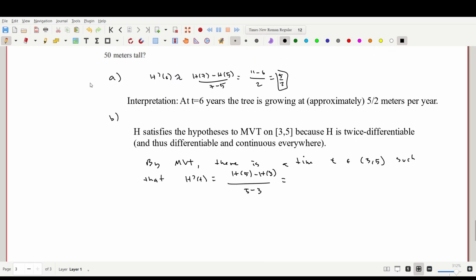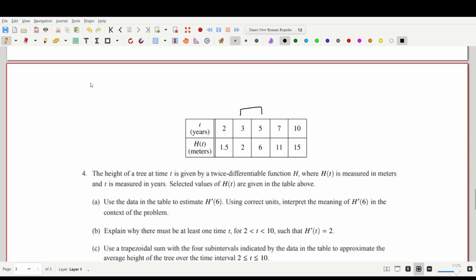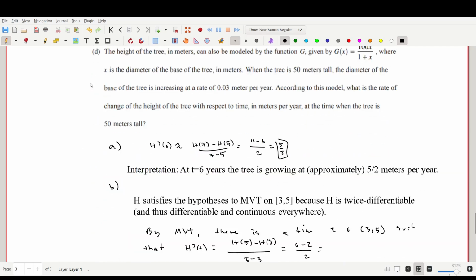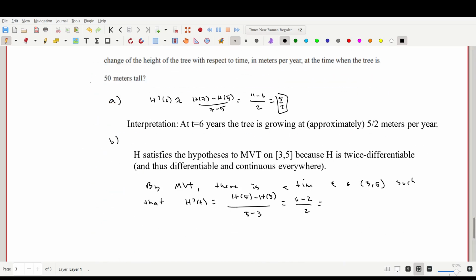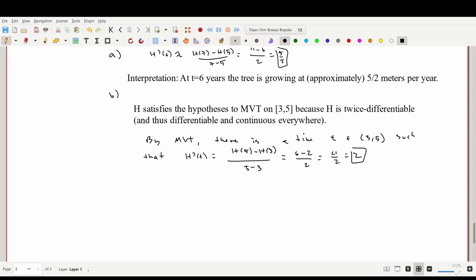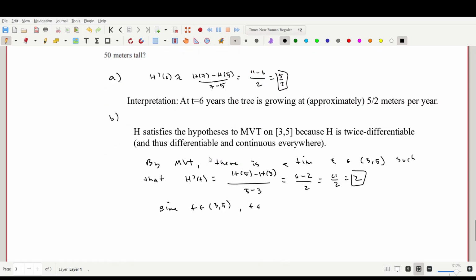Yeah, 6 minus 2 over 5 minus 3. 6 minus 2 over 2, which is... oh, that's the wrong one. No, I'm just not thinking. Okay, yeah, 4 over 2, which is 2. There we go. And then you might say, it's kind of silly, but since t is in 3 to 5, t is in, what was it again? They wanted 2 less than t less than 10.